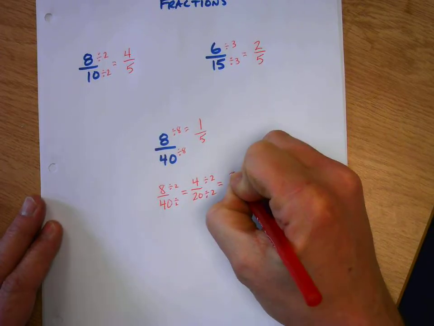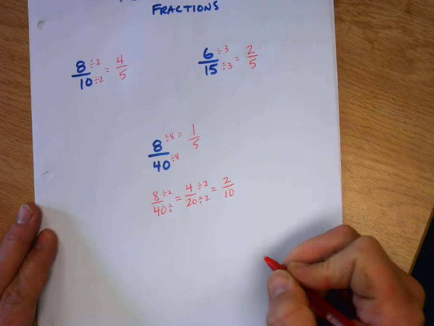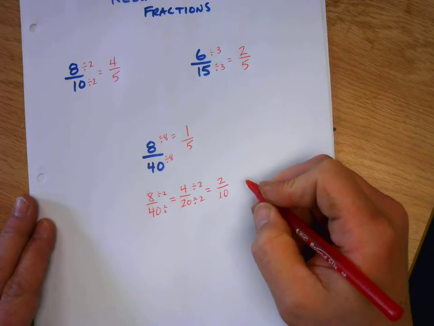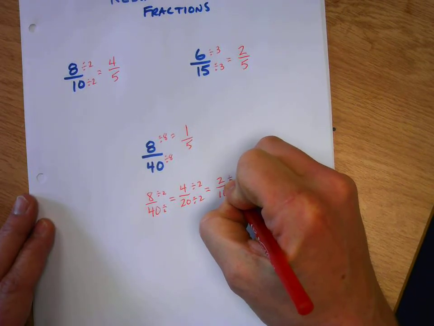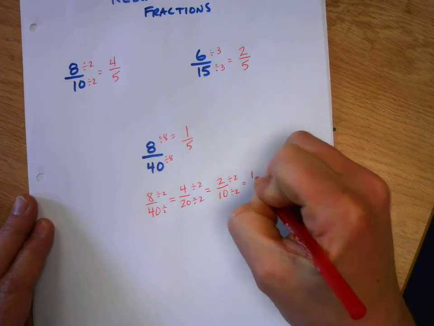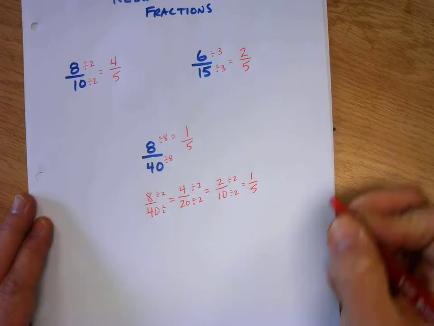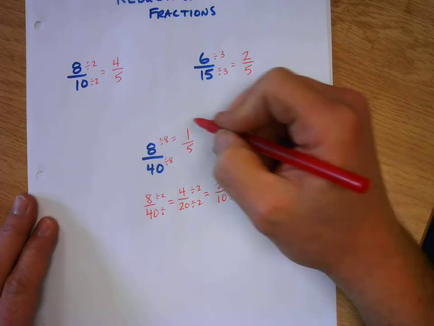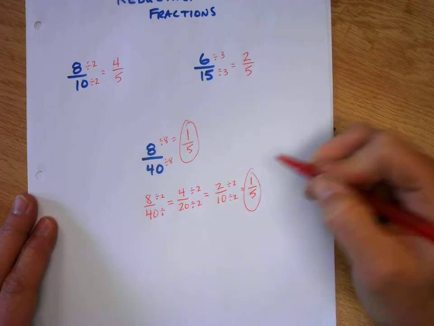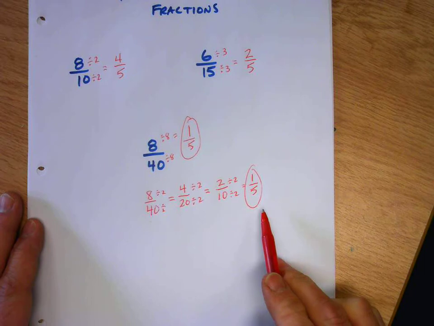Half of 4 would be 2, half of 20 would be 10. And yet again, the values 2 and 10 are both even, and we could divide by 2 one more time. 2 divided by 2 is 1, and 10 divided by 2 is 5. And as we see, we were still able to arrive at the value of 1/5. It just required a few more steps.